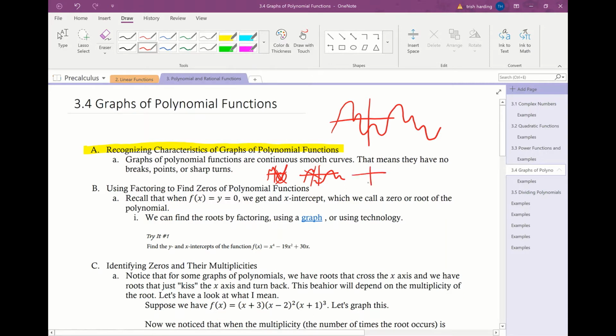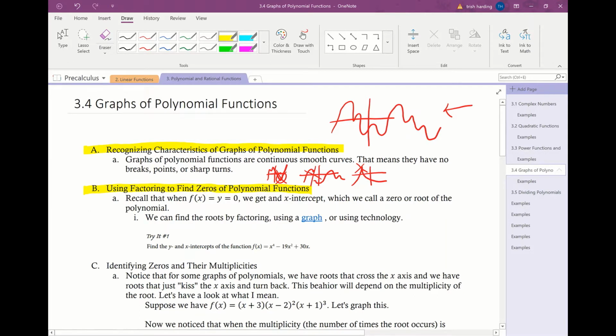Something that comes to a point, something like this, that's not allowed. It will have to be smooth and continuous, like a roller coaster. Nice roller coaster. So those are the characteristic graphs of a polynomial function.